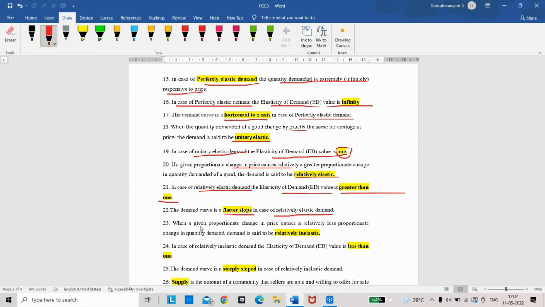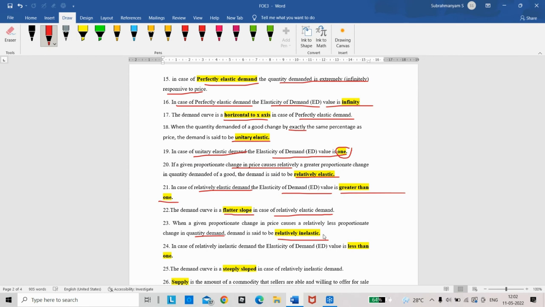When a given proportionate change in price causes a relatively less proportionate change in quantity demanded, demand is said to be relatively inelastic. That means a greater percentage change in the price level leads to a lower or lesser percentage change in the quantity demanded.